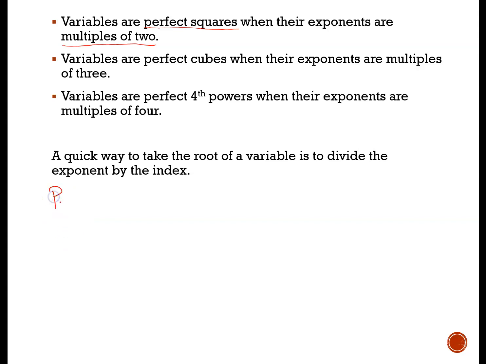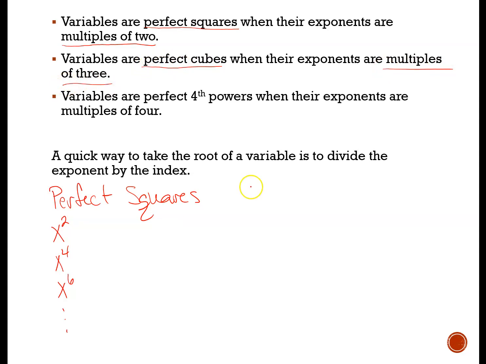These are perfect squares: x squared, x to the 4th, x to the 6th, and so on. Then it says variables are perfect cubes when their exponents are multiples of 3. So perfect cubes would be x cubed, x to the 6th, x to the 9th, and so on.